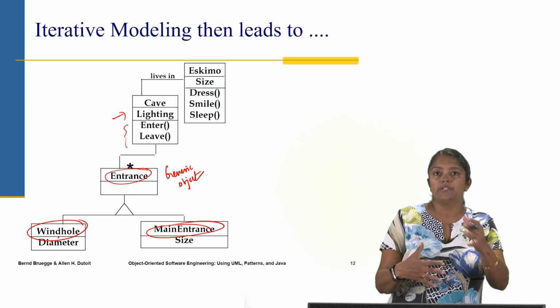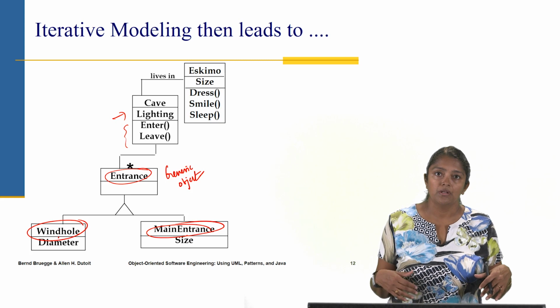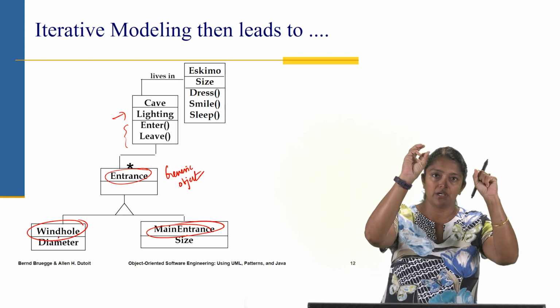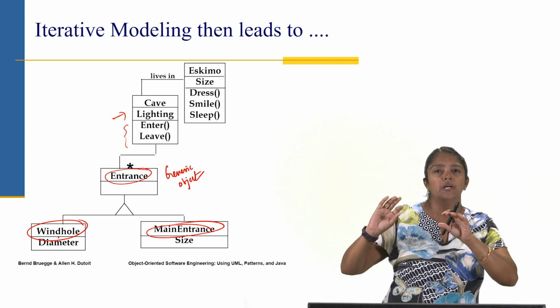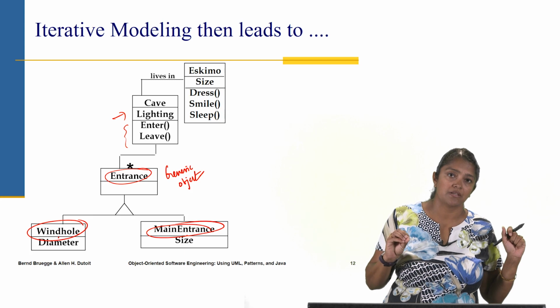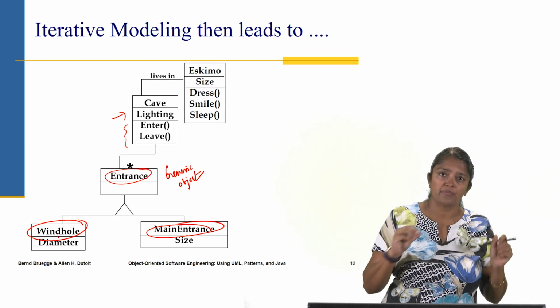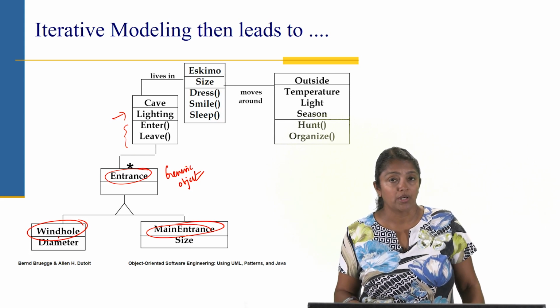So through iterative modeling, we basically add more detail to our model. We start at that high level class, and then further think about it, break it down further, and get into the smaller classes that are associated with it, and also come up with those associations. And that's what we're doing here in this iterative modeling.